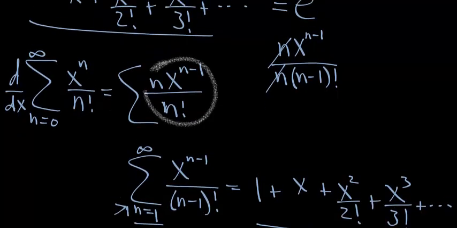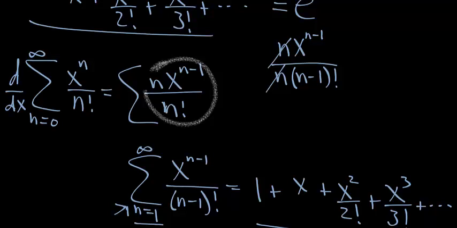I was wanting to show that if I said this Taylor series is e to the x, we know the derivative of e to the x is e to the x. So what I wanted to do is differentiate it and show you, yeah, it is e to the x. I forgot that we differentiated it. Okay, I got you. Yeah, so we can adjust these indices, and oftentimes when we differentiate, we have to.